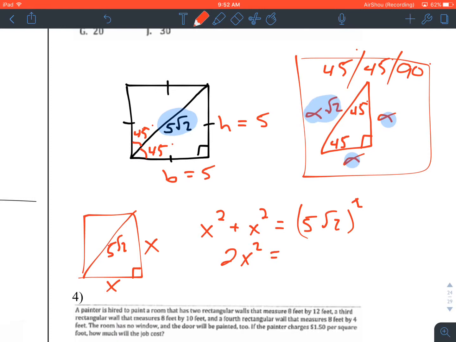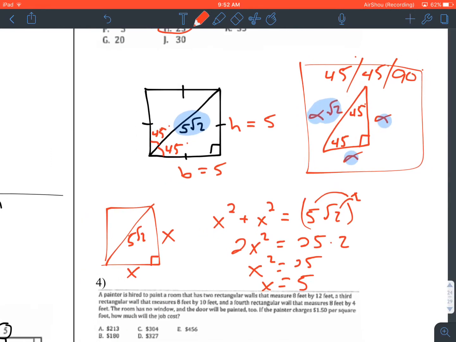You square the 5 and you square the square root of 2, and you get 25 times 2. If you divide both sides by 2, you get x squared is 25. Therefore, x is going to be a positive 5. And then from there you find the area as base times height.